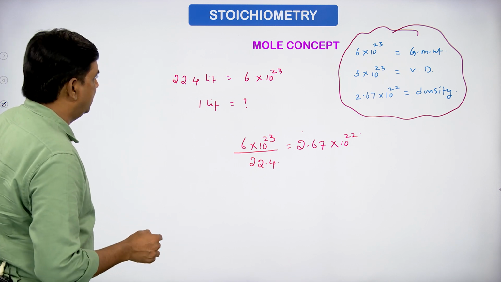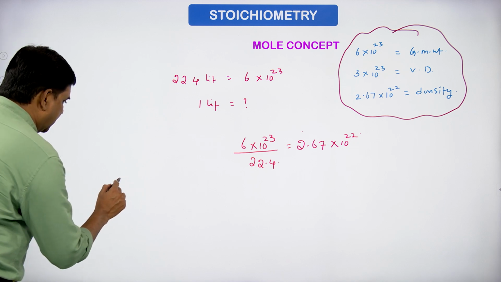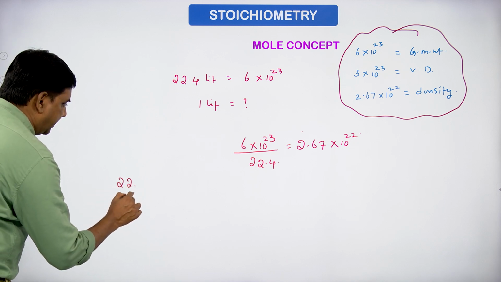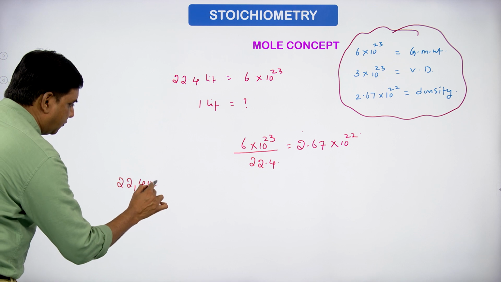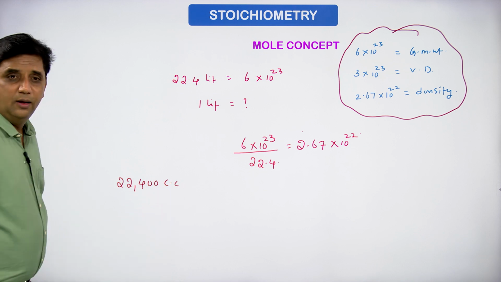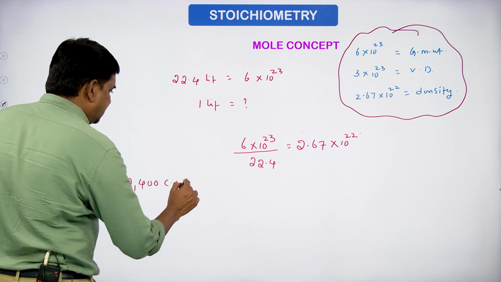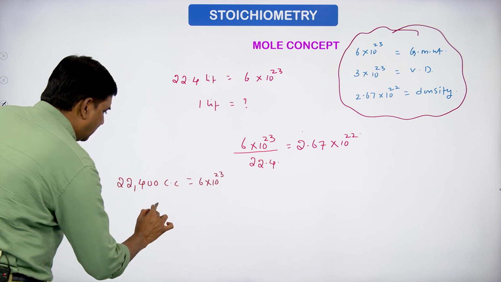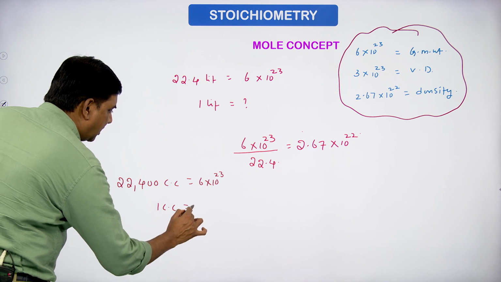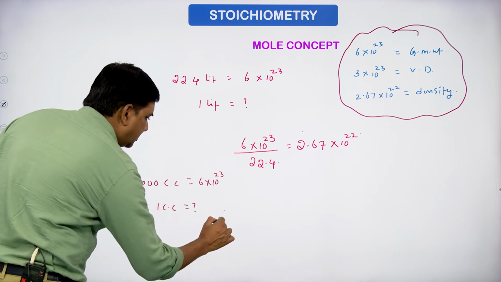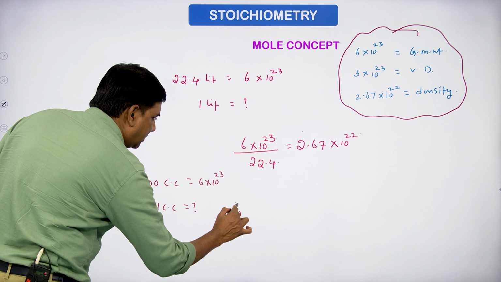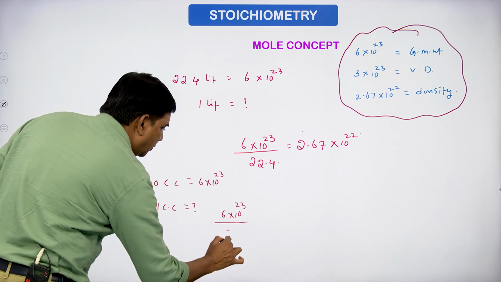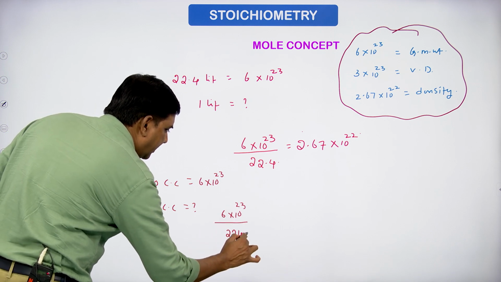Now the number of molecules present in 1 cc of the substance. For example, you can do like this. We know that 22.4 liters is nothing but 22,400 cc. And this 22,400 cc contains 6 into 10 power 23 molecules. Then 1 cc contains how much? That is equal to 6 into 10 power 23 by 22,400.